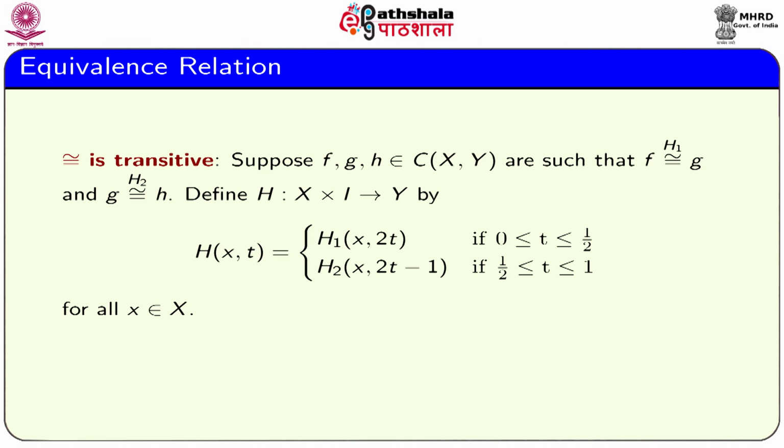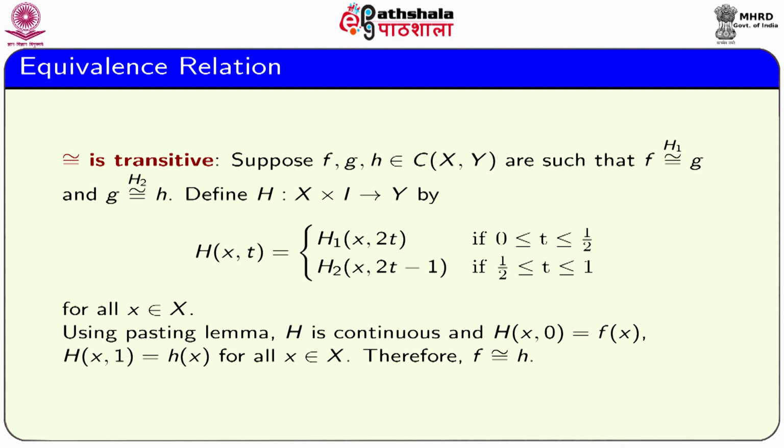So we define the function capital H from x cross I to y by H(x,t) is equal to h1(x,2t) when t varies over 0 to half, and h2(x,2t minus 1) if t varies from half to 1, and for all x belonging to capital X.